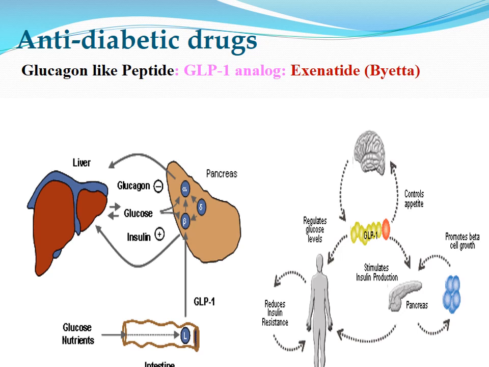Its action will also be applied in the brain, where it reduces or controls appetite. It also acts on pancreatic beta cells to stimulate insulin production and enhance the growth of new beta cells. It may also act on different tissues to reduce insulin resistance.